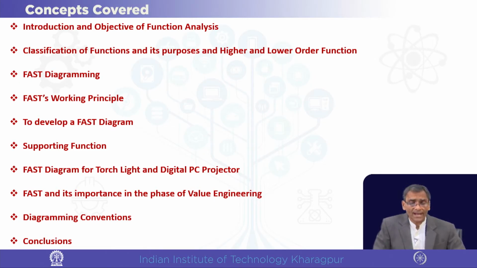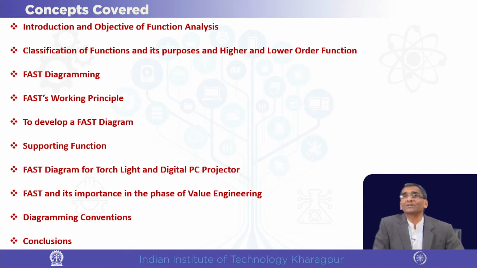And then we will go further with the illustration with examples. First we will give an example of a very simple product, which is a torchlight, and then a relatively complex product, which is a digital projector, which you find in your classrooms and other places also. Digital projector is very common these days.